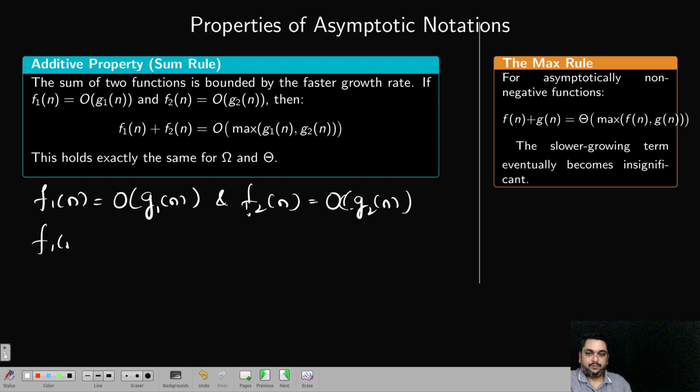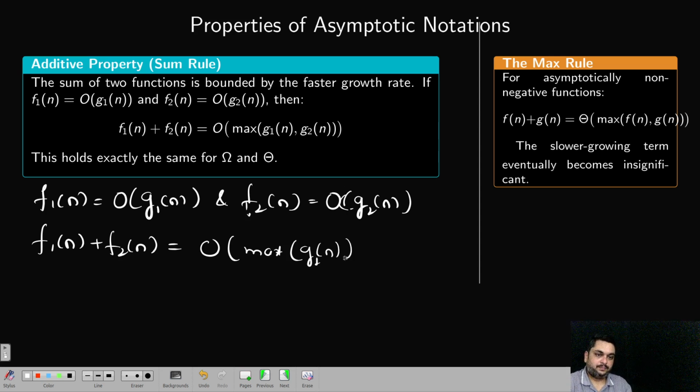If I add these two functions f1 and f2, what will be the resultant asymptotic notation? It will always be big O of maximum of g1 of n comma g2 of n. Why? There is a simple reason.